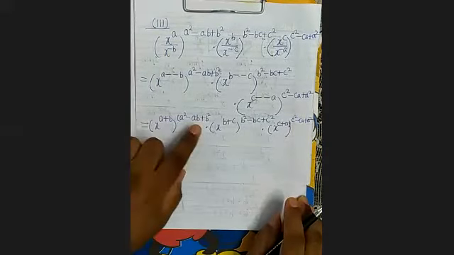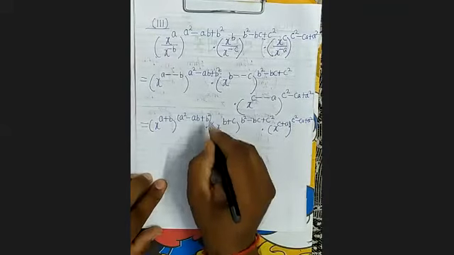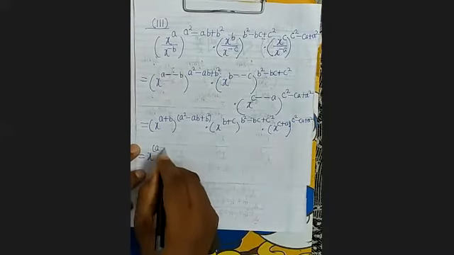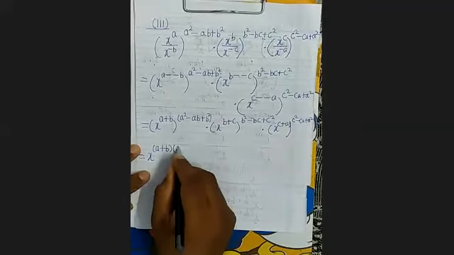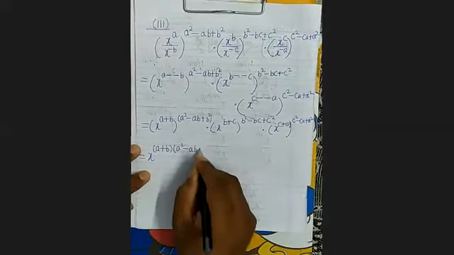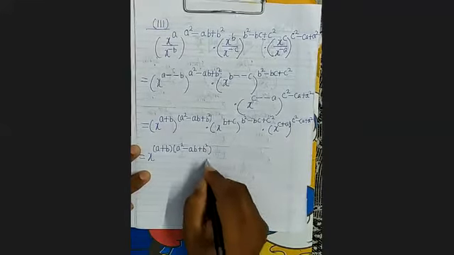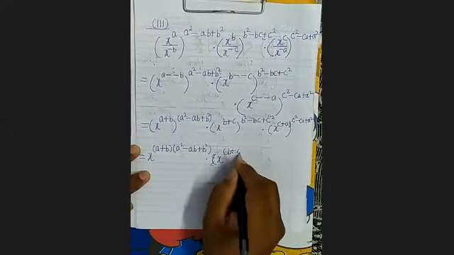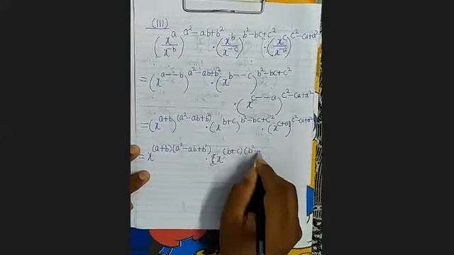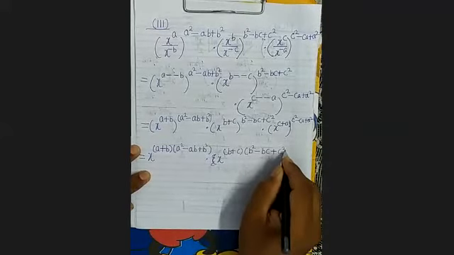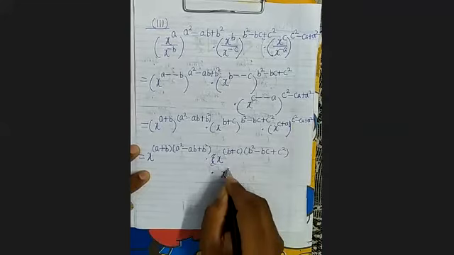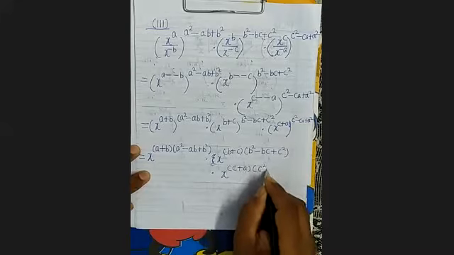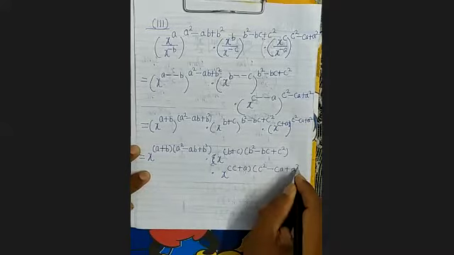Now powers will multiply. Here powers will multiply because there are successive powers. a plus b into a square minus ab plus b square. Then x to the power b plus c into b square minus bc plus c square, into x to the power c plus a into c square minus ca plus a square.